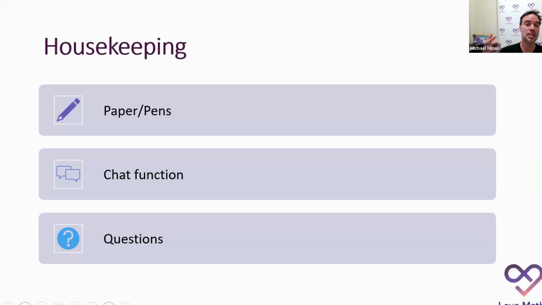Jared's touched on some of these things. To fully participate in this session, it'd be great if you've got something to write with. As I'm talking now, if you want to go grab a notepad and pen, feel free. The chat function is the best place to communicate, but I am going to try to make this session interactive.